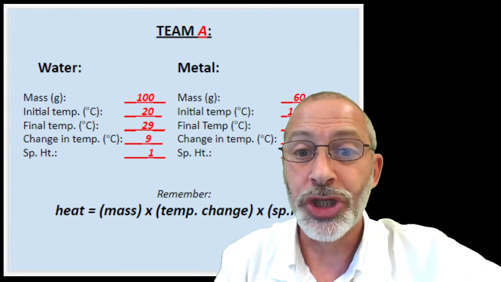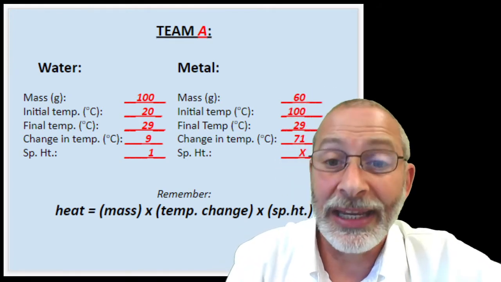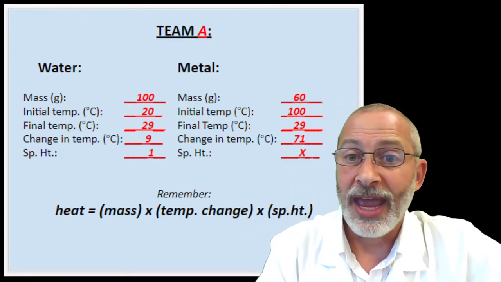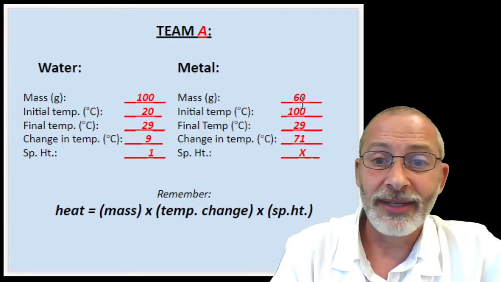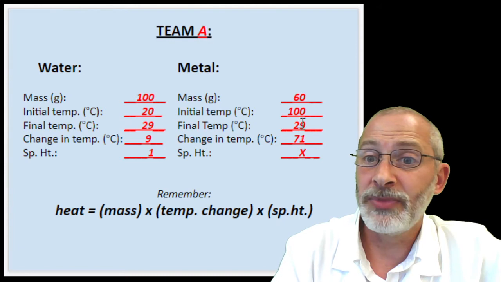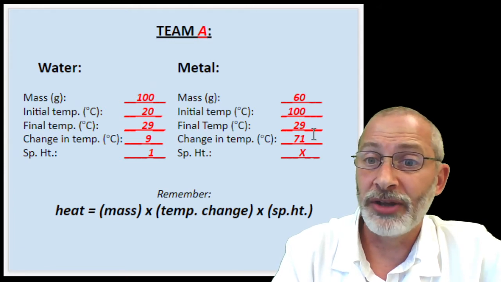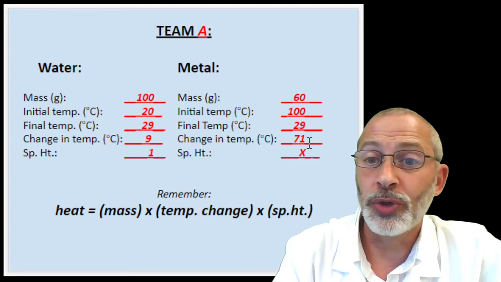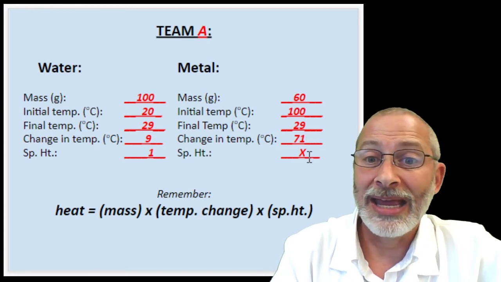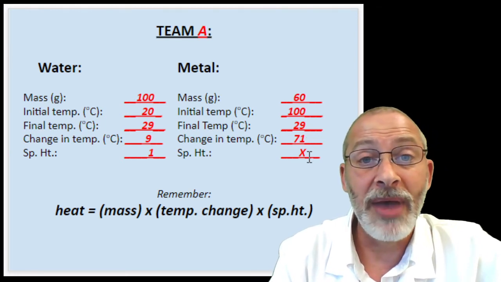And the temperature change was 9 for water. And over in the other column for Team A, the mass was 60 grams, initial temperature 100, final temperature is 29, which means the change in temperature was 71, and the specific heat of the metal is X.